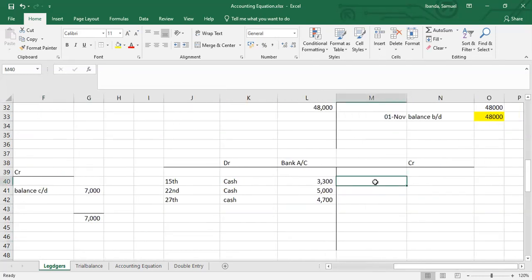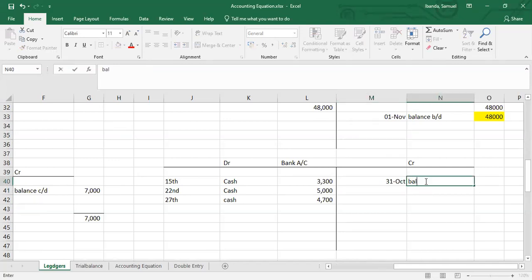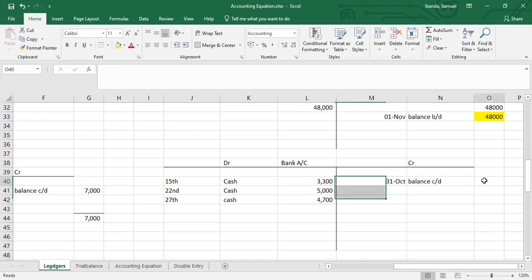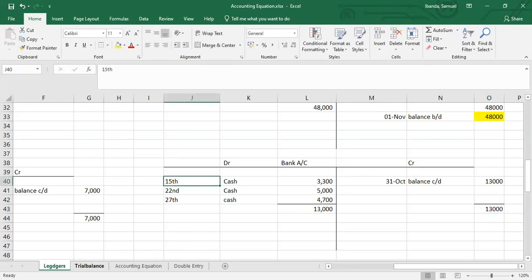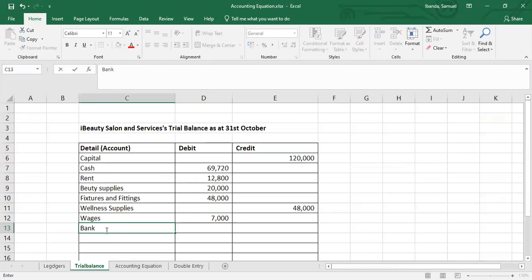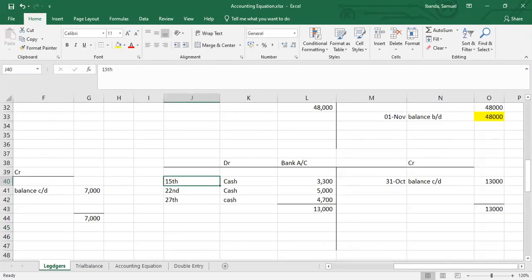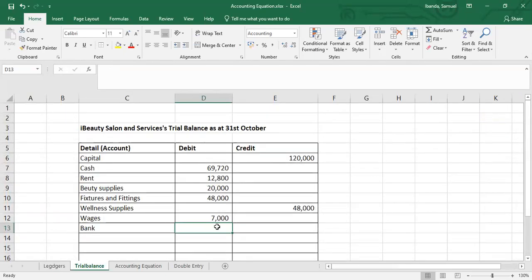Okay. And then the neighbor account here is bank. Bank, 31st October, balance carried down. This is 13,000. Total here, total there, like that. Come to the trial balance, write bank, 13,000.